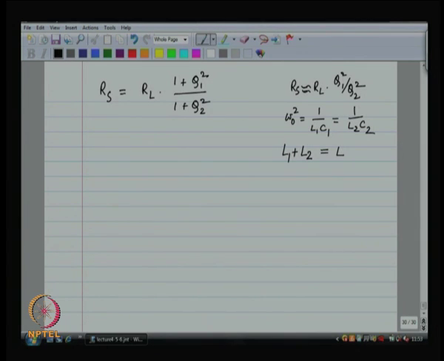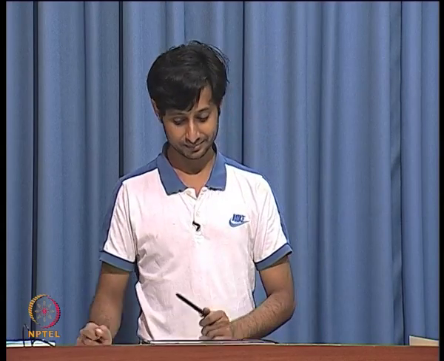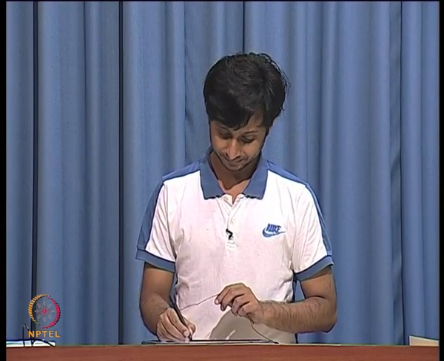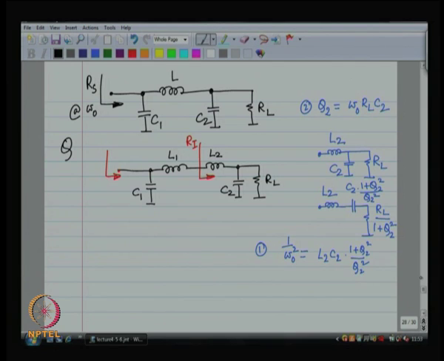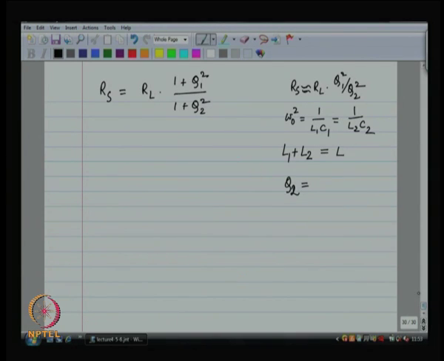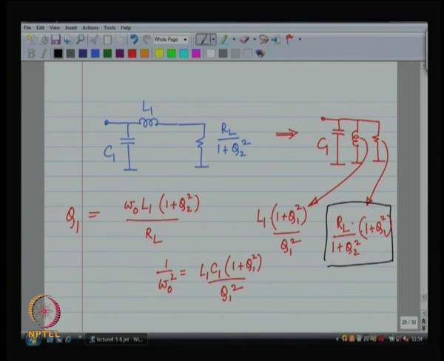Okay. What else is missing here? Q2 is how much? And q1 is omega naught L1 times (1 plus q2 squared) by R_L.